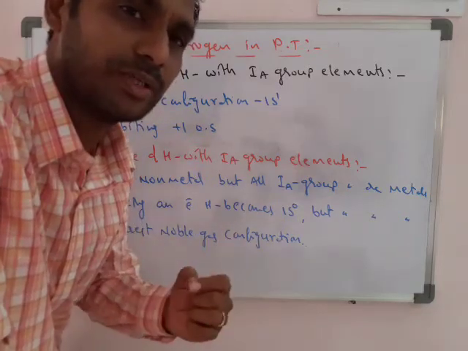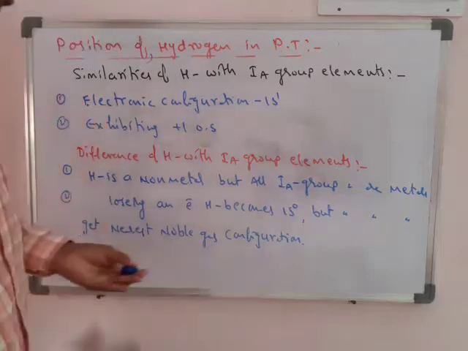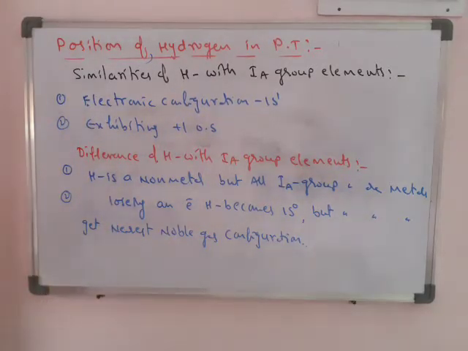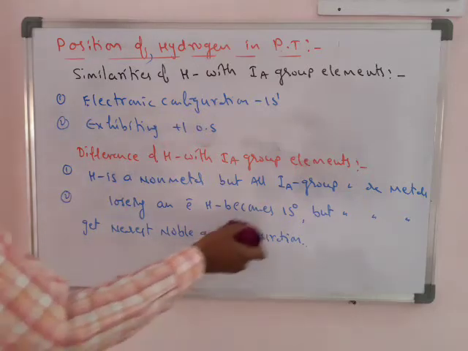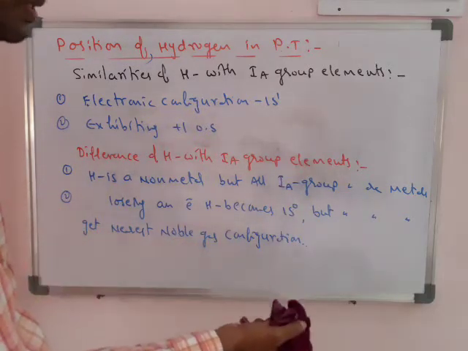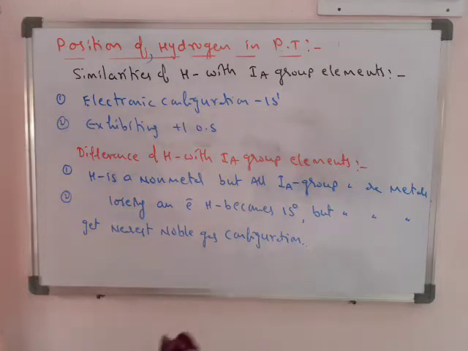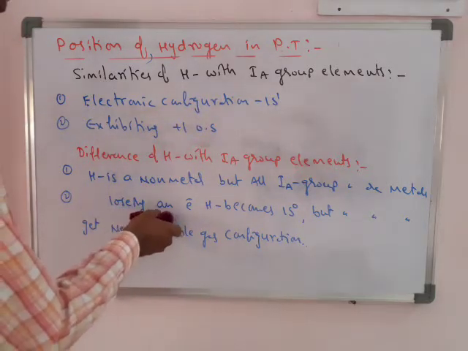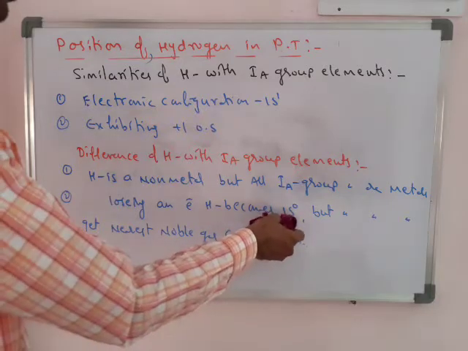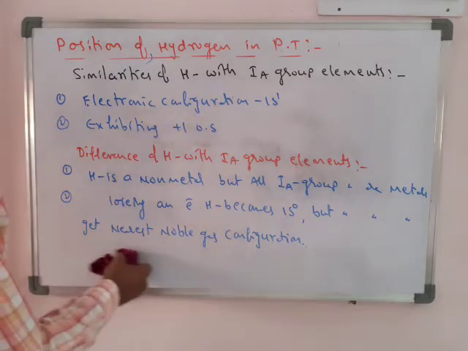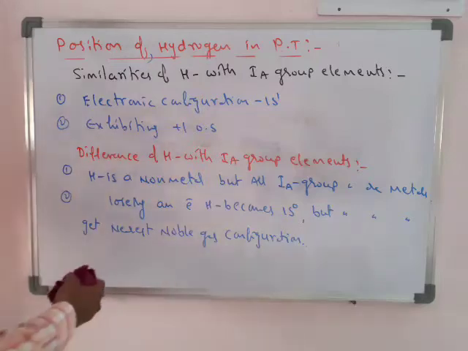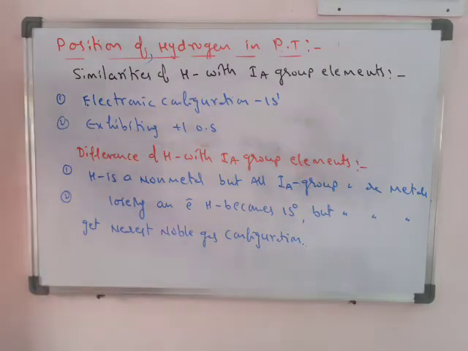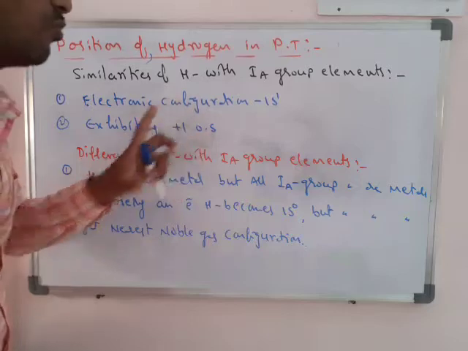H minus is suitable for hydrogen, but it also forms H plus many times. If you compare the 1A group elements, by losing one electron they get noble gas configuration. But if hydrogen loses one electron, it becomes 1s0. It doesn't get any other configuration. It becomes just 1s0. So this is about the position of hydrogen compared with the 1A group.